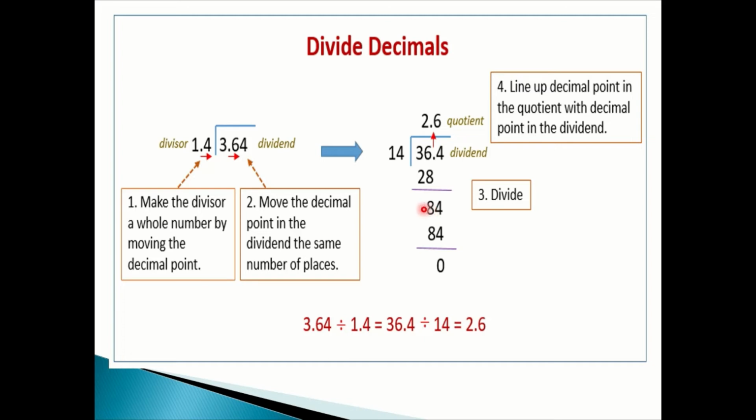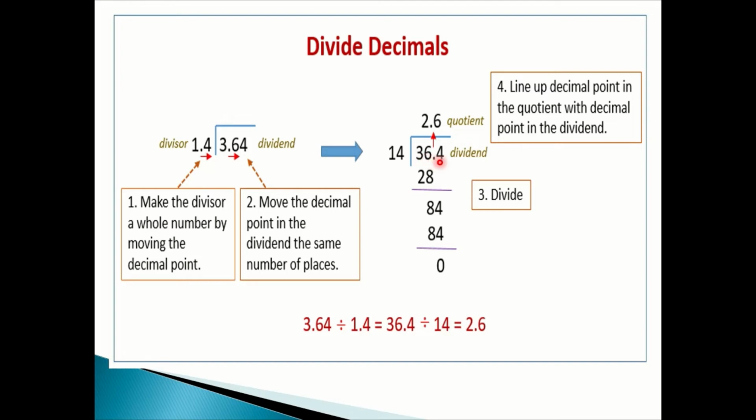That's why we need to bring down 4 here. And we have now two values, which is 8 and 4. Now we can divide it by 14. 84 divided by 14 is equal to 6. The question there is, why did we write the point there? Because it belongs to the decimal point of our given.